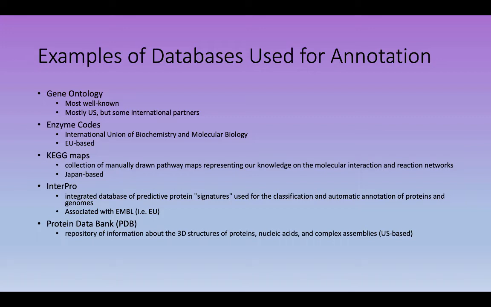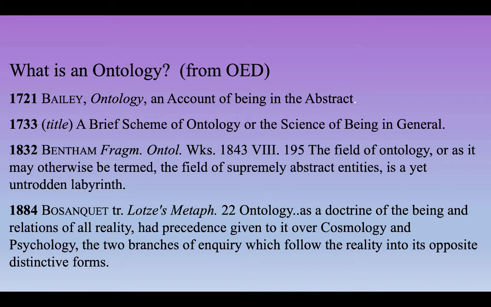How we identify the different components of proteins and whether or not those domains are shared among proteins is often a good indicator of whether or not they belong to the same family of proteins. And finally, there's the Protein Data Bank, and one of the unique things about this is that there are a lot of three-dimensional structures retained in this database. It's a US-based one.